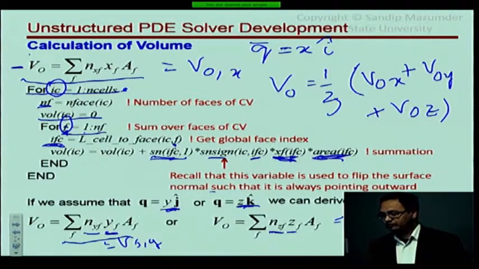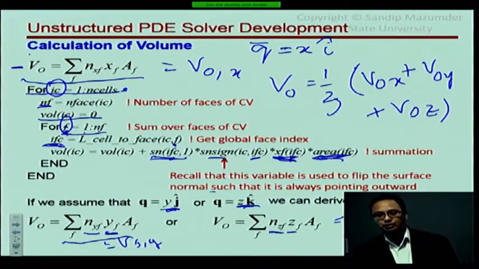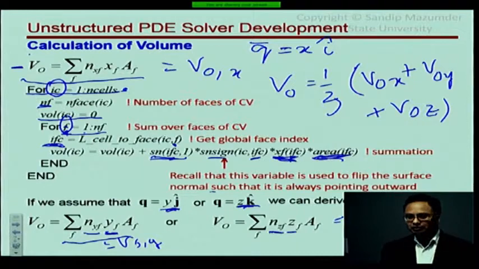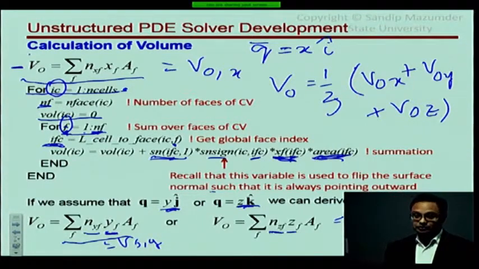By the way, this is applicable to any control volume shape. It doesn't have to be triangles, quadrilaterals, polygons, whatever shape, doesn't matter. This is a general summation over all the faces, and it is also applicable to 3D. You don't have to do anything special for 2D versus 3D.